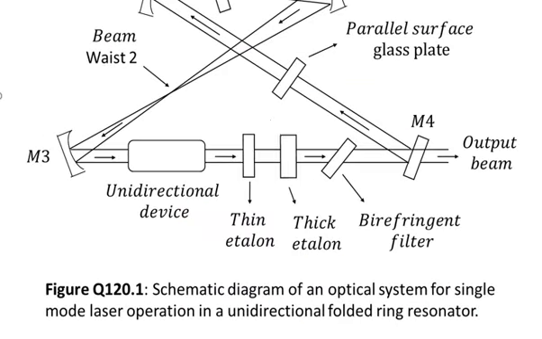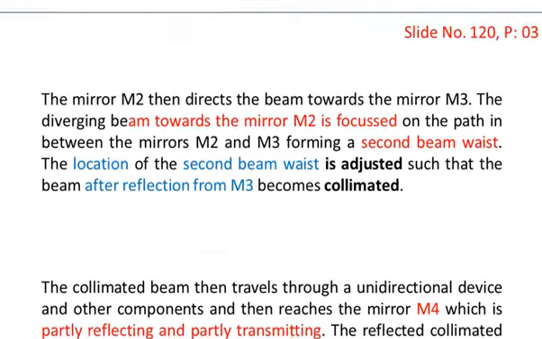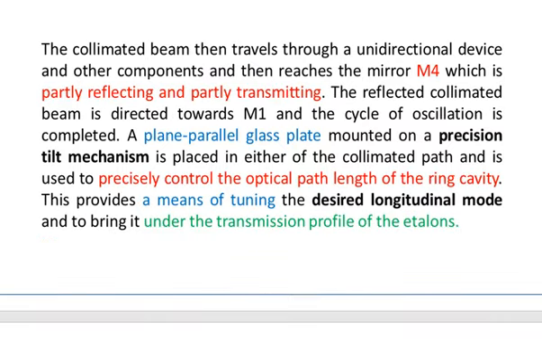It is a unidirectional device in the sense that it will allow the light to travel from left to right, and it will stop the light when it is traveling from right to left. That is why it is called a unidirectional device. The collimated beam then travels through the unidirectional device and other components and then reaches the mirror M4.